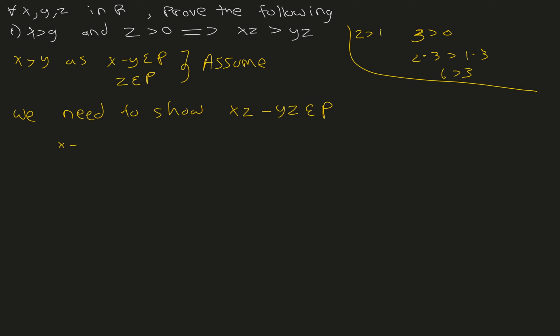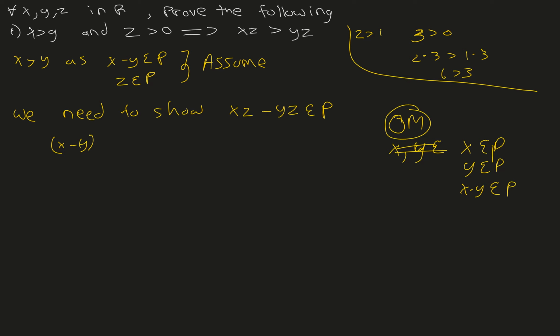So since x minus y is in P, by OM, I hope you guys still remember that, if x is in P and y is in P, then x dot y is also in P. That's what OM says, that's what order of multiplication says.